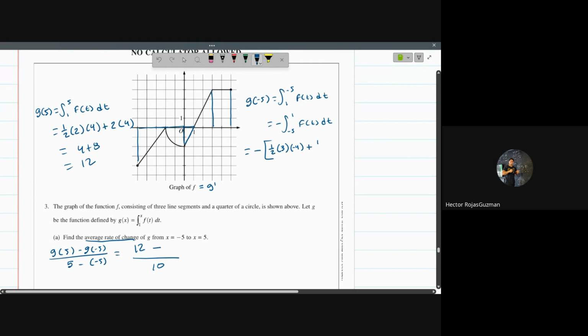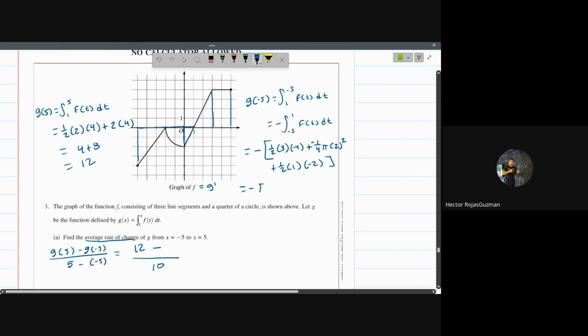Plus 1/4 pi r squared. For the r, if I use a negative it wouldn't matter because of r squared. So just make sure the area is negative. Plus 1/2 base times height for the last little triangle.